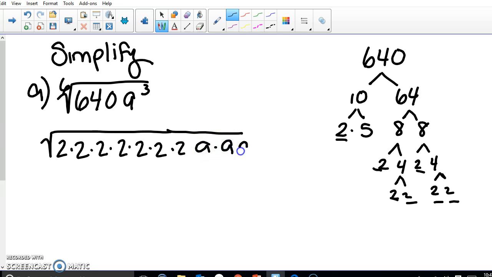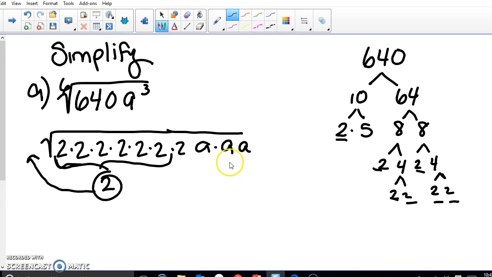And I have 3 a's. Now if I have 6 on the inside, 1, 2, 3, 4, 5, 6, I can pull this and move it to the outside, but I can't pull anything else out.